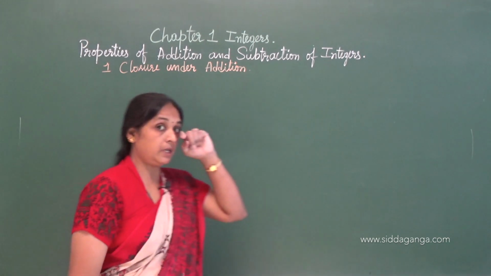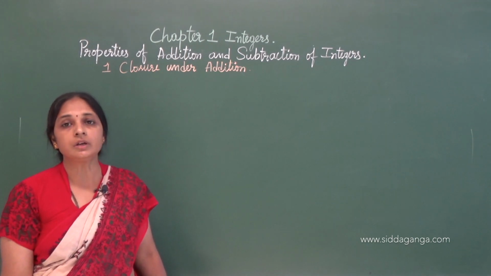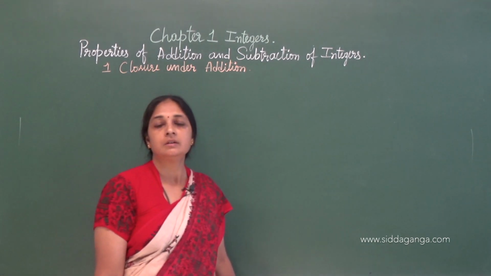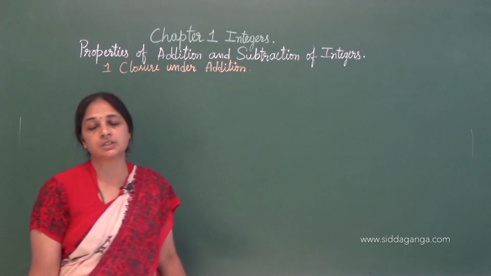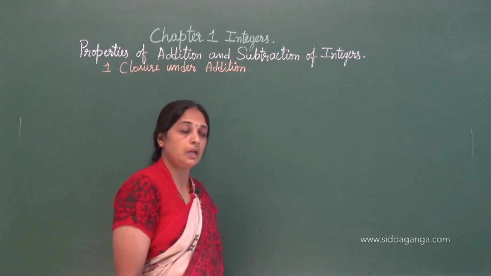So closure property here: we consider any two integers and take the sum of those two integers.